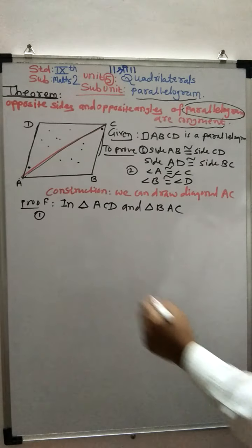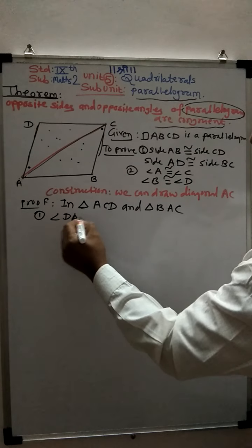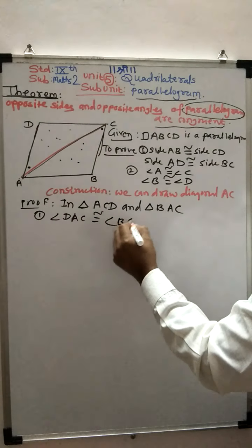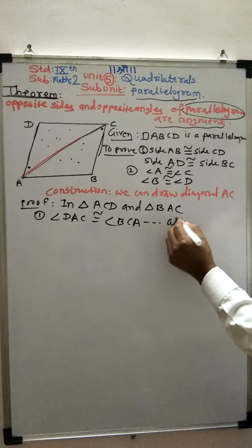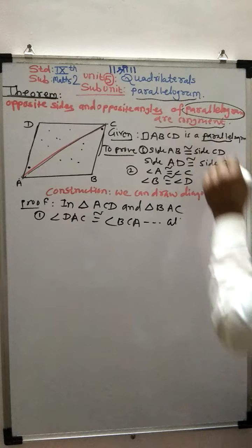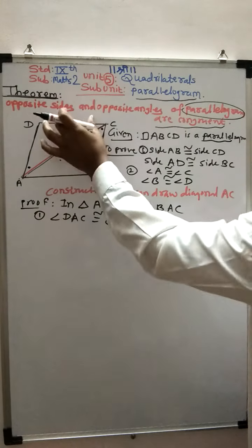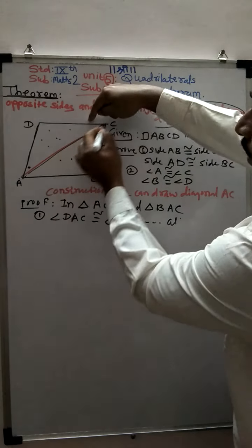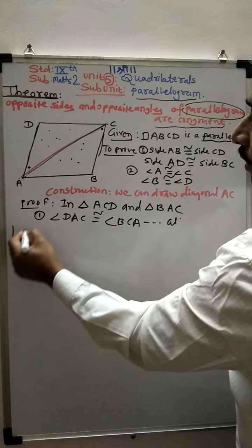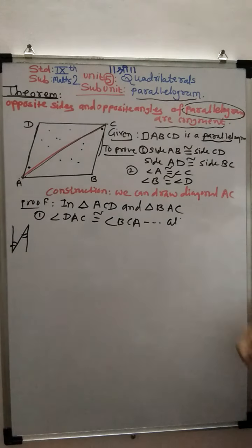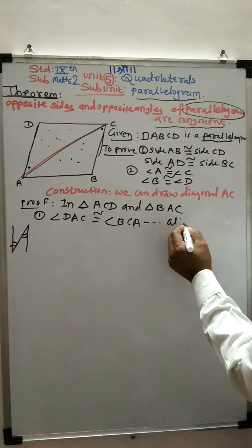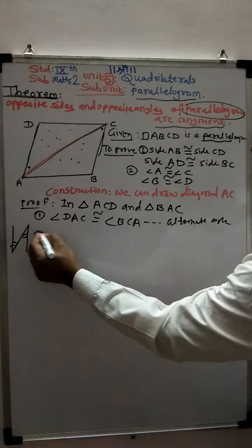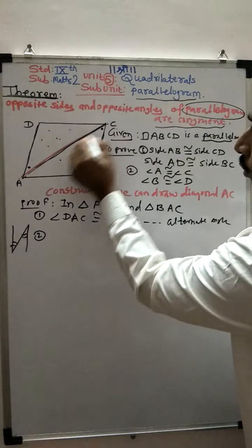Give the reason: alternate angles, because the given quadrilateral is a parallelogram, so its opposite sides are parallel. If these two sides are parallel, then these angles are alternate angles and must be congruent. Another, side AC congruent to side AC.